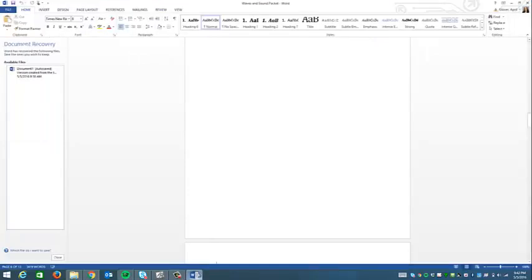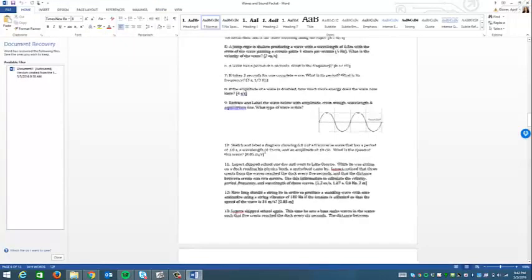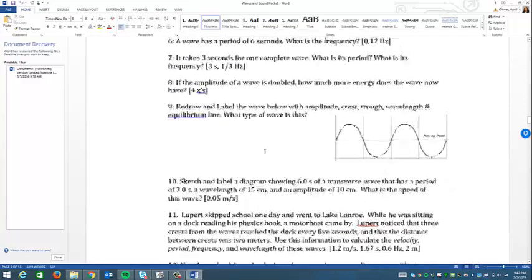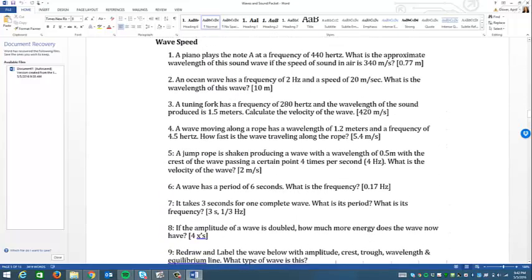So as you're going through the homework problems, just remember, make sure you look at it, go through them. They should be pretty simple for you. A couple of them you may have to manipulate. So like number 1, they're asking for you to solve for the wavelength, that upside down y, that lambda. So make sure you solve for that. Rearrange your equation.